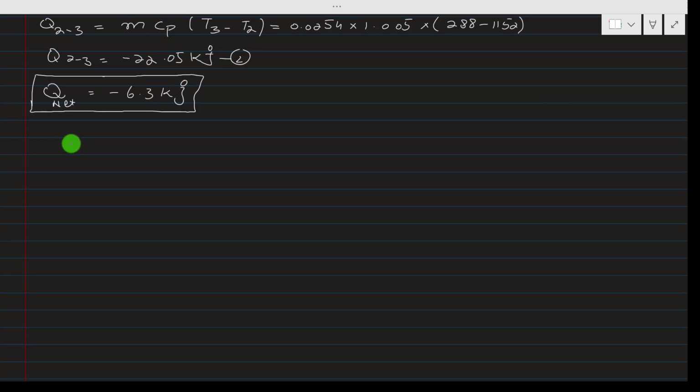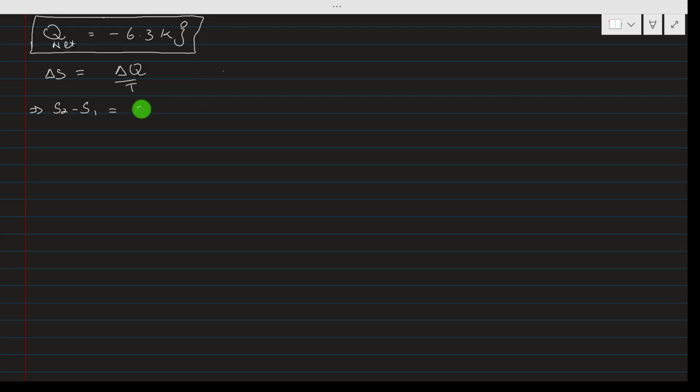So the entropy change is equal to change in heat divided by temperature, equal to mCv dT divided by T. So I can write S2 minus S1 equals mCv integral of dT over T. Apply the integration with lower limit 288 and upper limit 1152, then apply the limits, and the expression looks like this. So that is S2 minus S1.